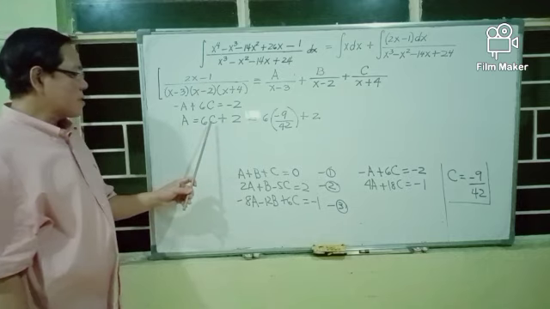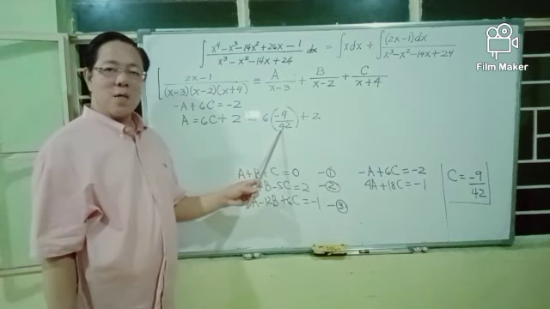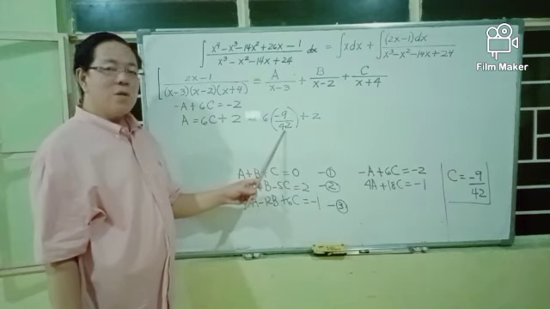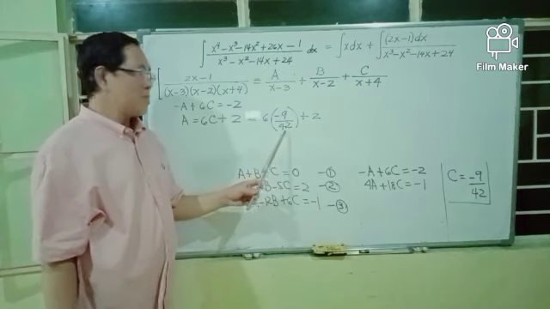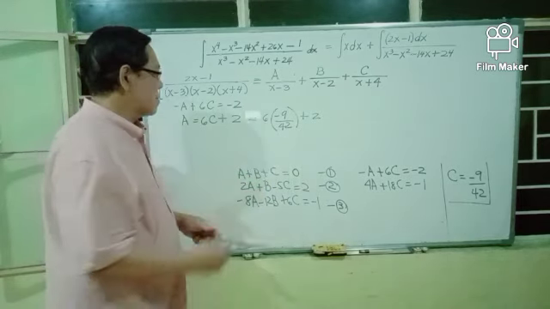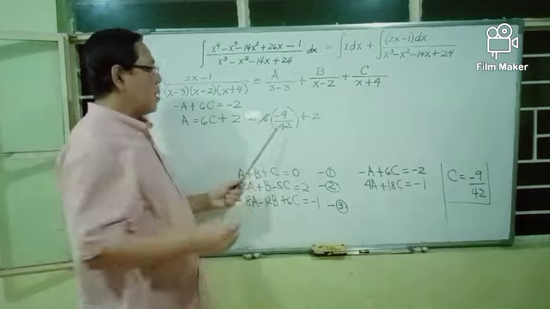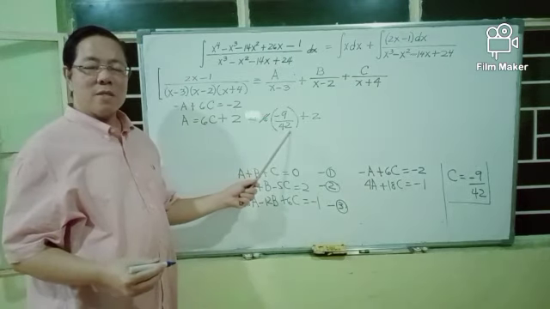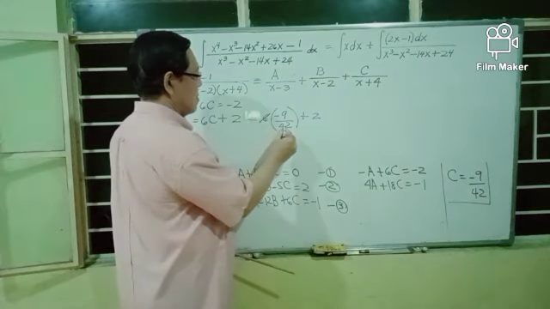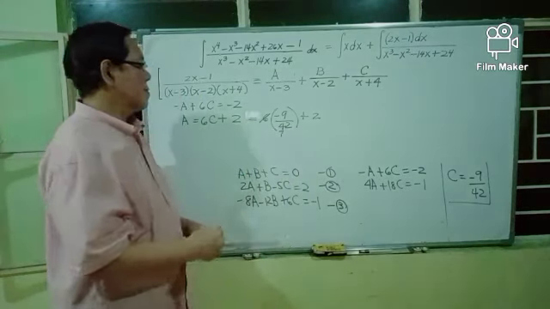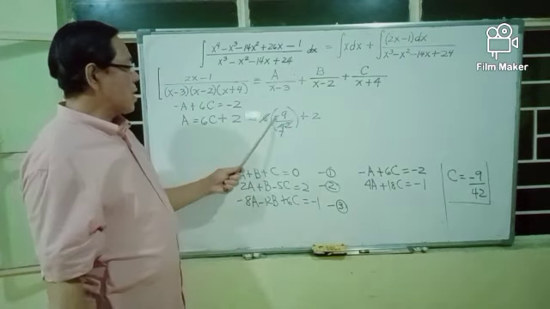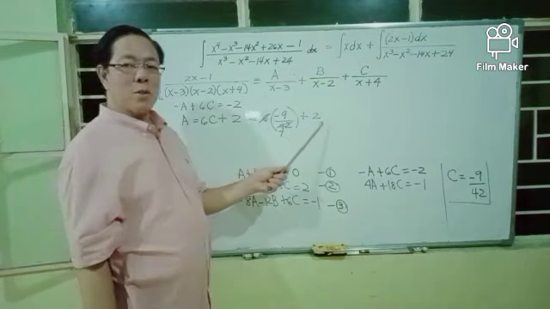We have 6 times c, which is negative 9 over 42, plus 2. But 42 is divisible by 6, so we divide 6 by 6 is 1, and 42 divided by 6 is 7. Therefore, we have negative 9 over 7 plus 2.